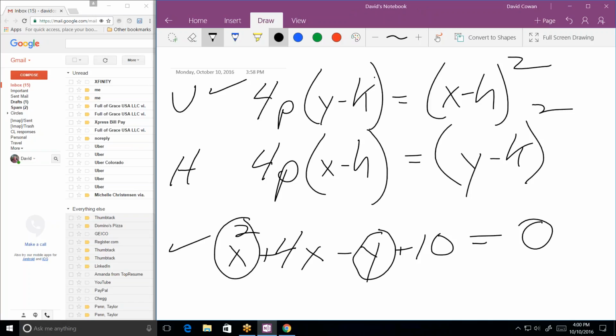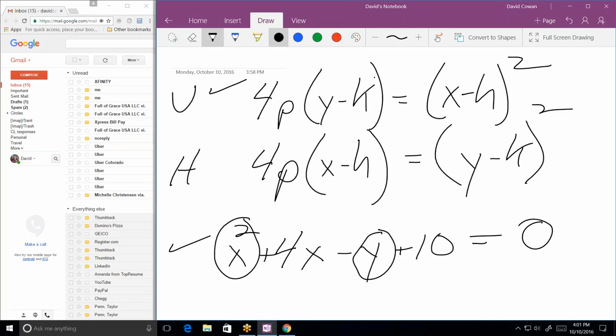I could move the y to the other side, it would be positive. I would have to complete the square. I would end up with an h or a k somewhere, but I could take this polynomial and put it into the formula for a parabola. Once I've done that, now I can figure out where P is, whether it's horizontal or vertical.